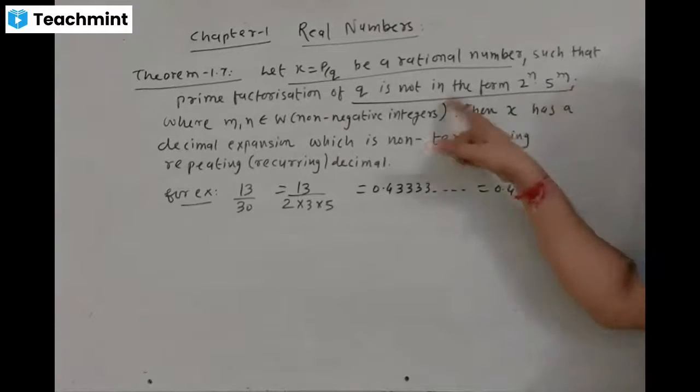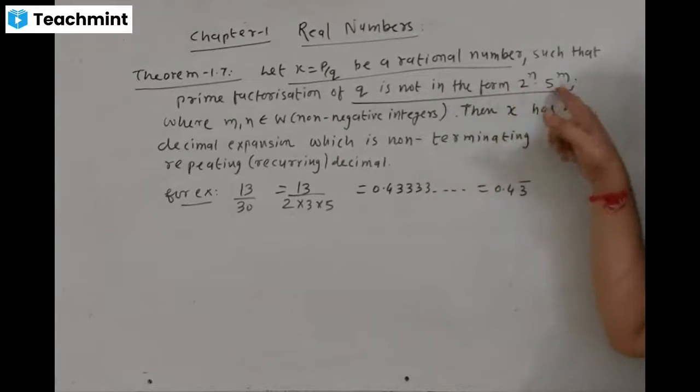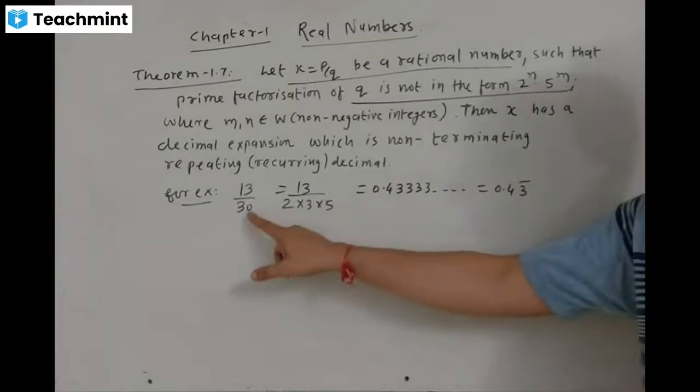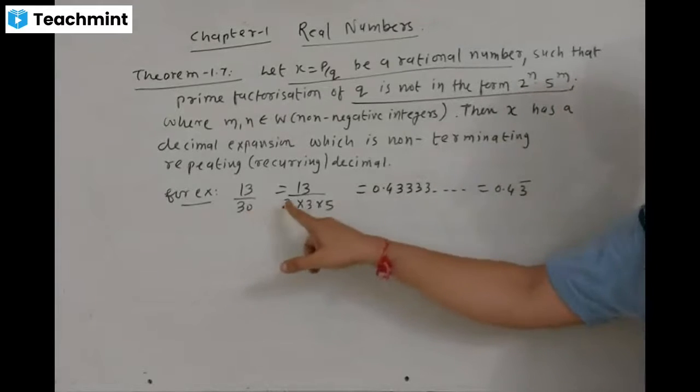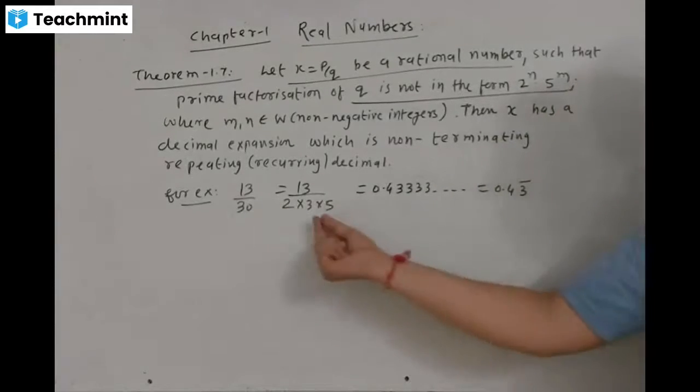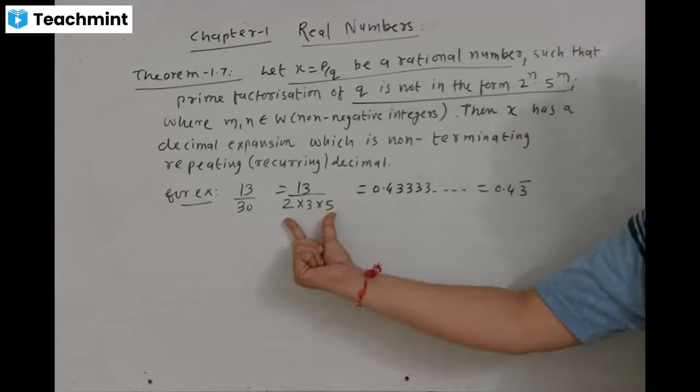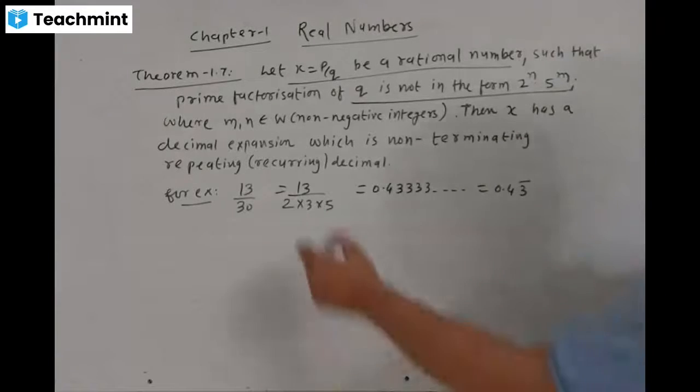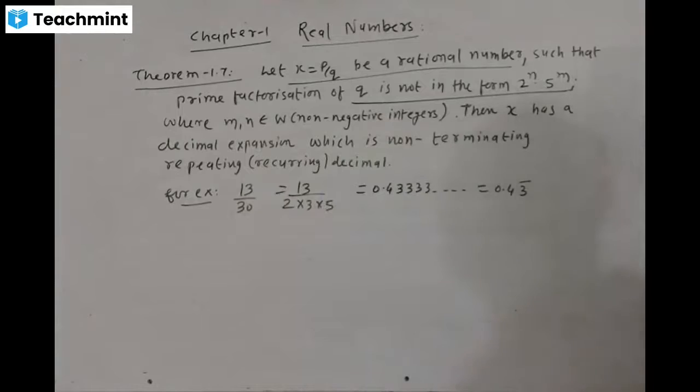Here the prime factorization of q is 2 into 3 into 5, 3 is other than 2 or 5.